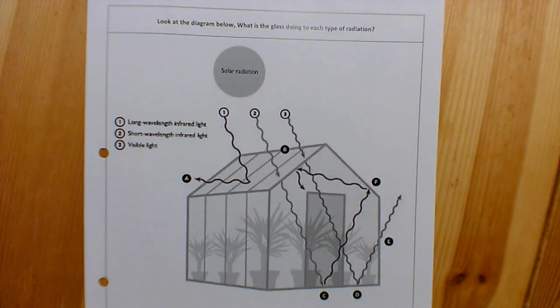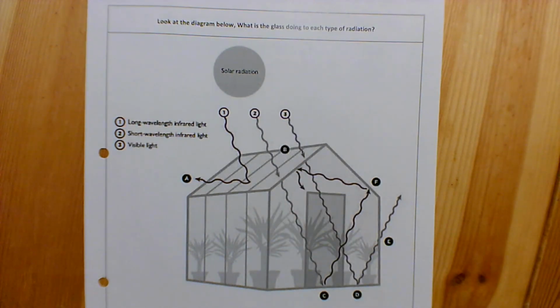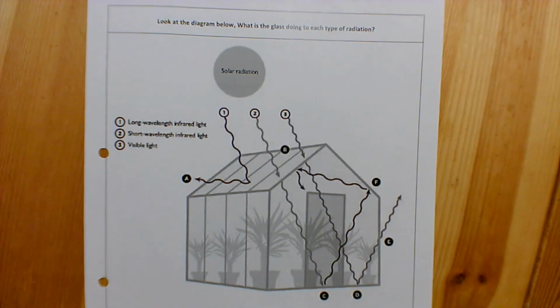And the way that they work is that the full electromagnetic spectrum of light from the sun can travel through the glass of the greenhouse. So all of that visible light goes through the glass, and it's absorbed by the plants, by the ground inside the greenhouse.